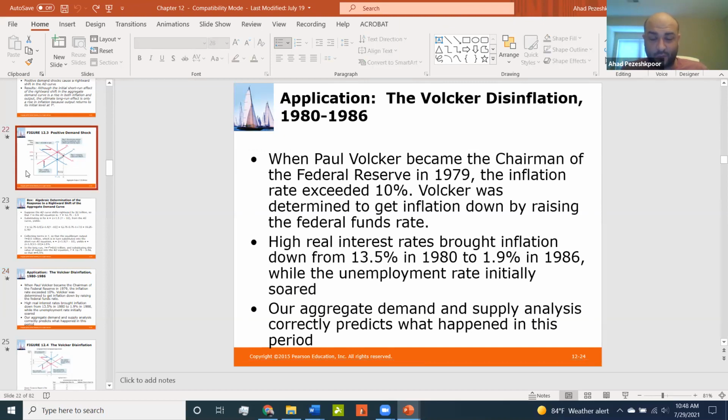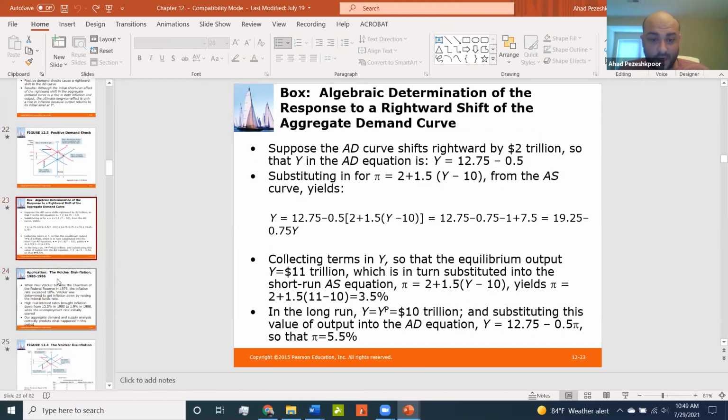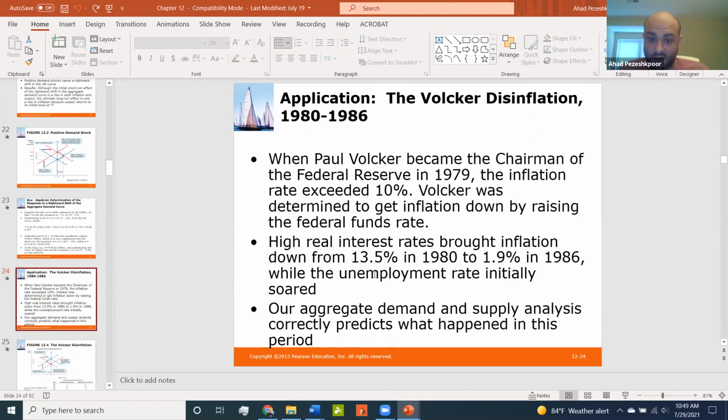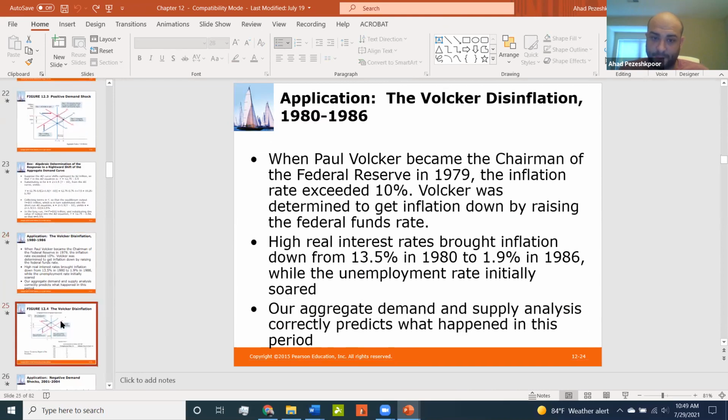So we went backward here. Unemployment rate initially soared. But then our aggregate demand and supply analysis correctly predicts what happened in this period here.